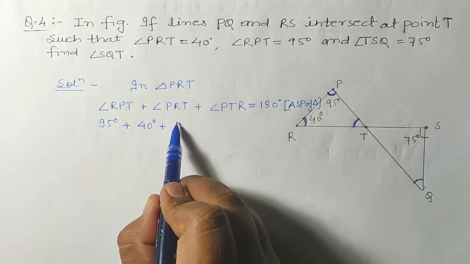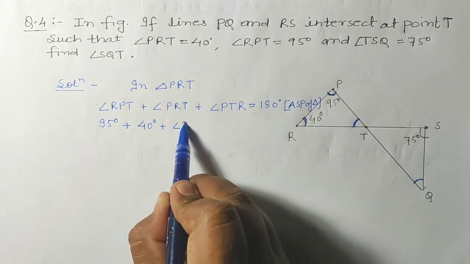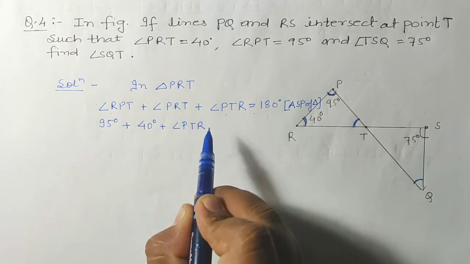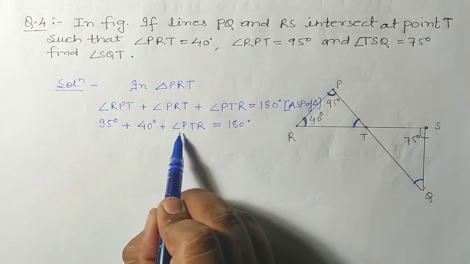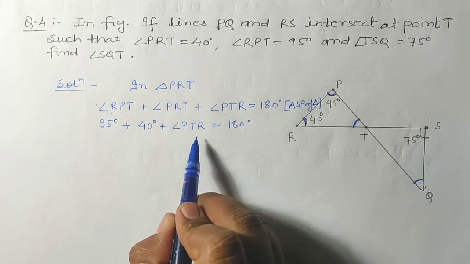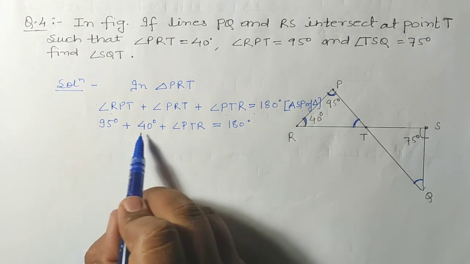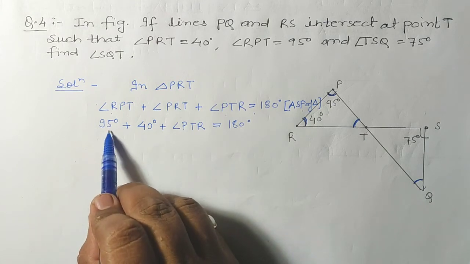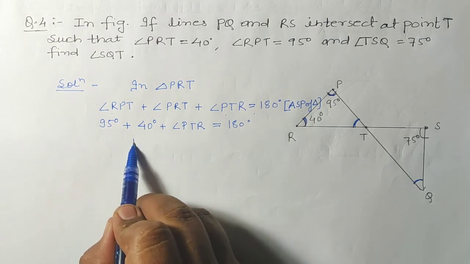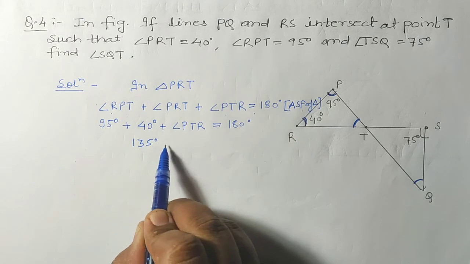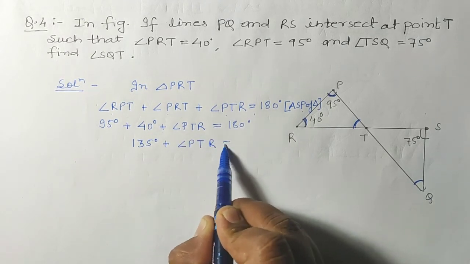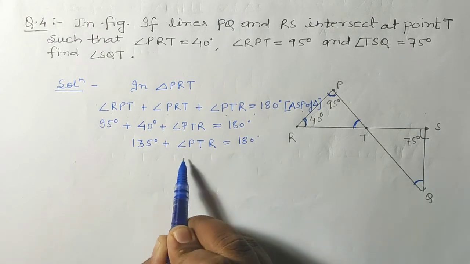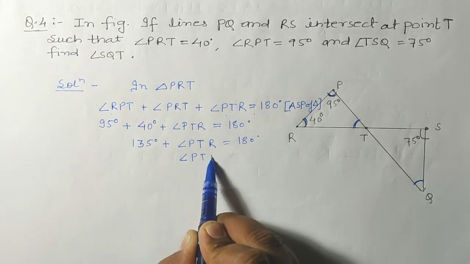So we have written angle PTR is equal to 180 degree. Now we are going to find the value of angle PTR. Firstly we'll add these two: 95 plus 40 will be 135 degree, plus angle PTR is equal to 180 degree.